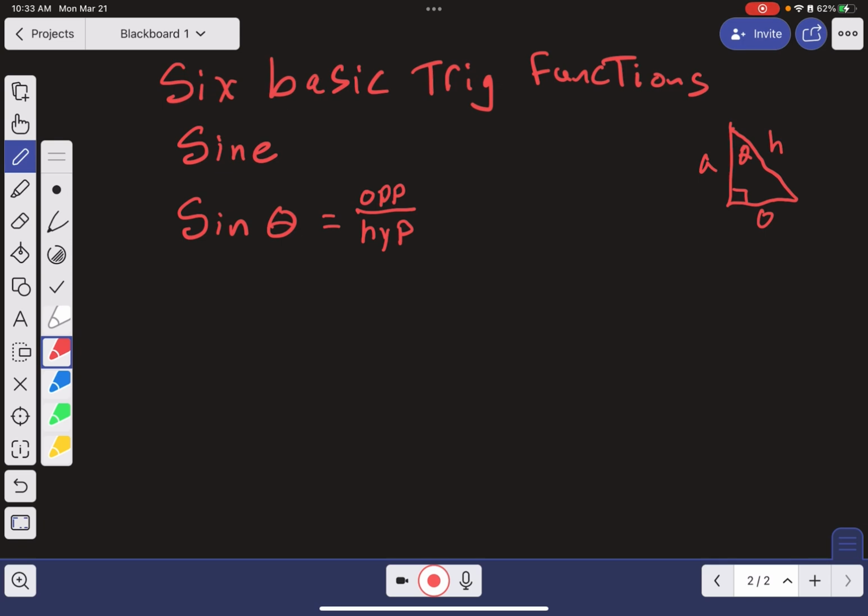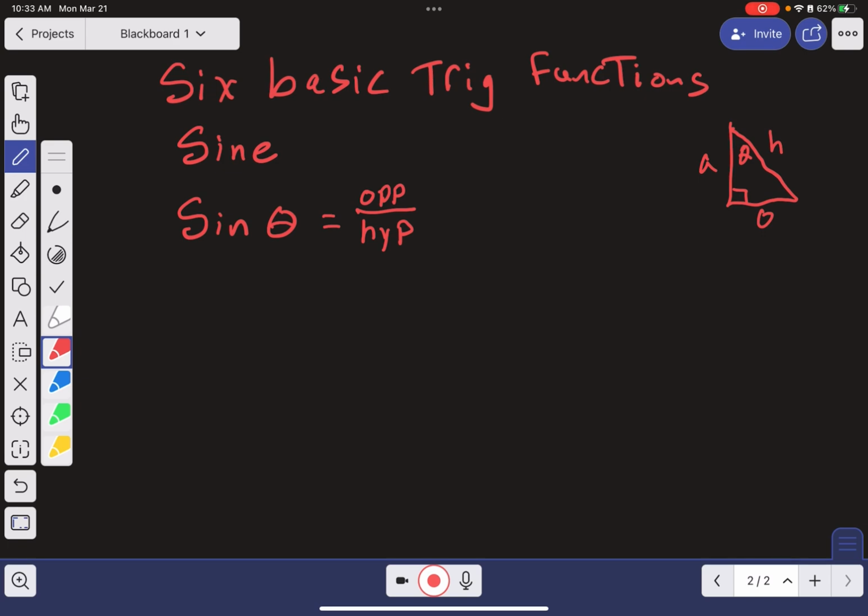The sine ratio for theta is going to be the length of the opposite side over the hypotenuse. Now the whole goal of these ratios is to help us find the measure of this angle. So eventually, not today, we're just going to set up the ratios. Eventually we're going to use this ratio to help us find the measure of that angle.